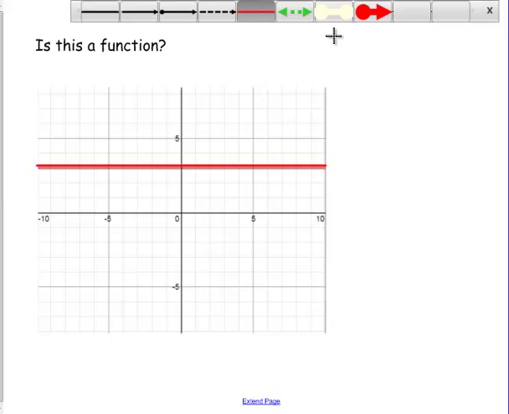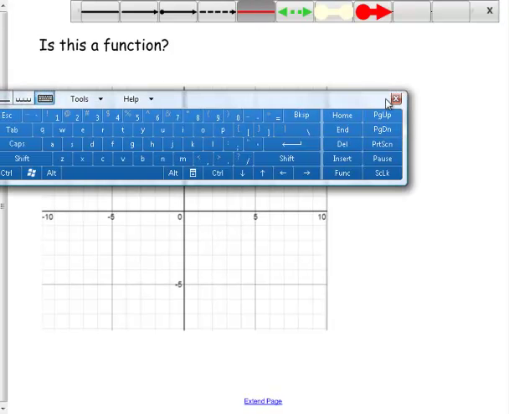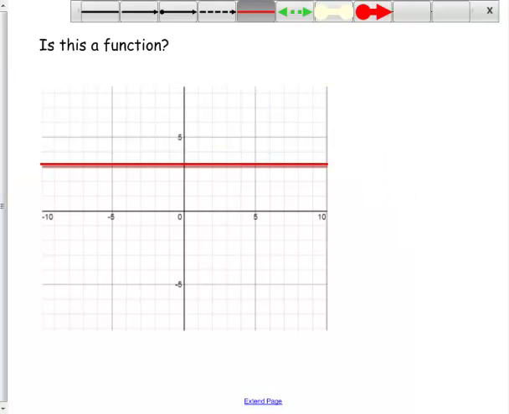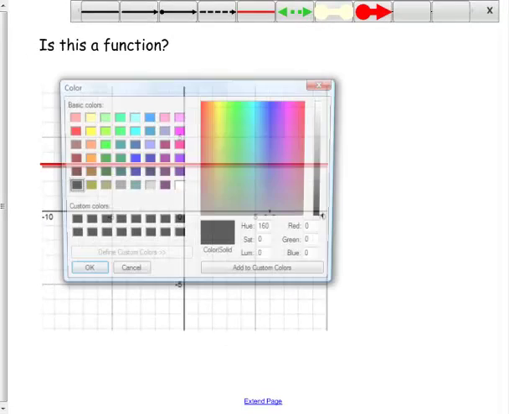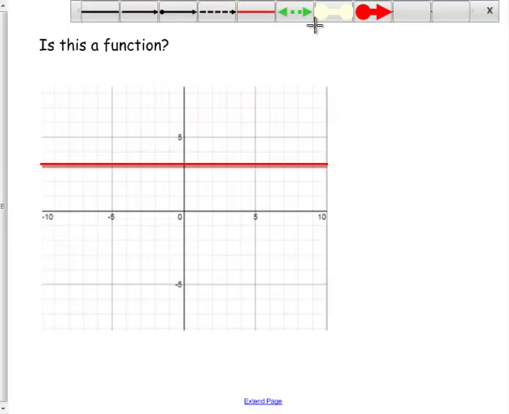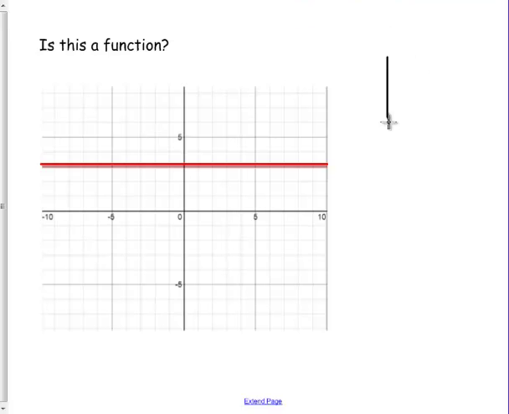Well, I'm going to grab a vertical line, and let's make that line green.